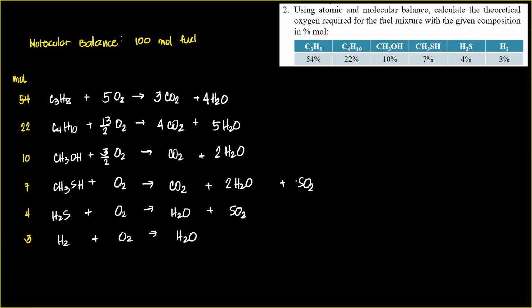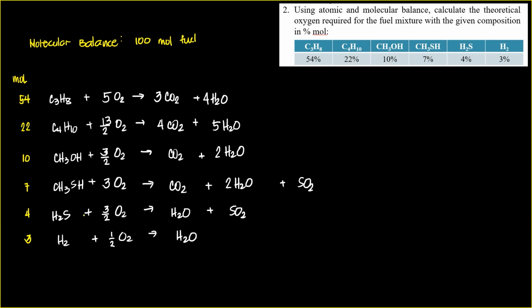Sulfur is 1 is to 1. Tapos, let's go to oxygen now. 2, 4, 6. So we need 3. Next, H2 is okay. S is okay. Now O2. 2 plus 1, 3. So this is 3 halves.